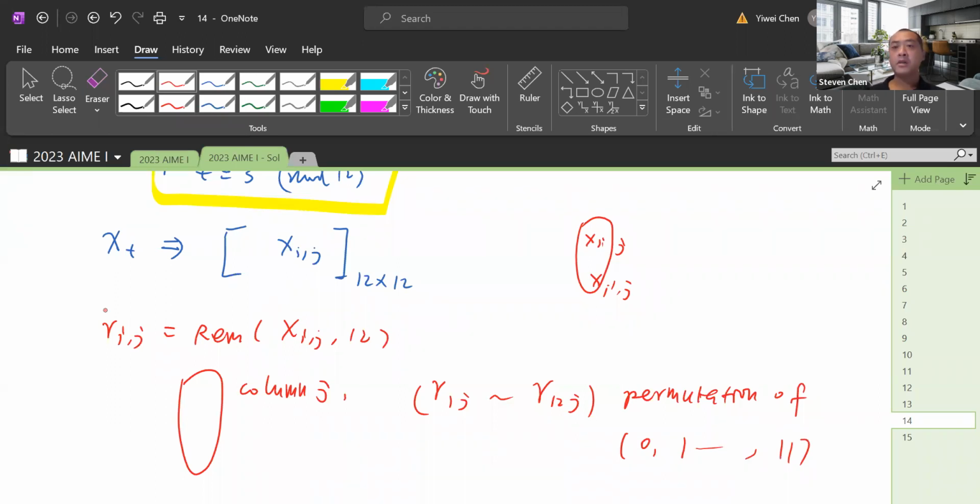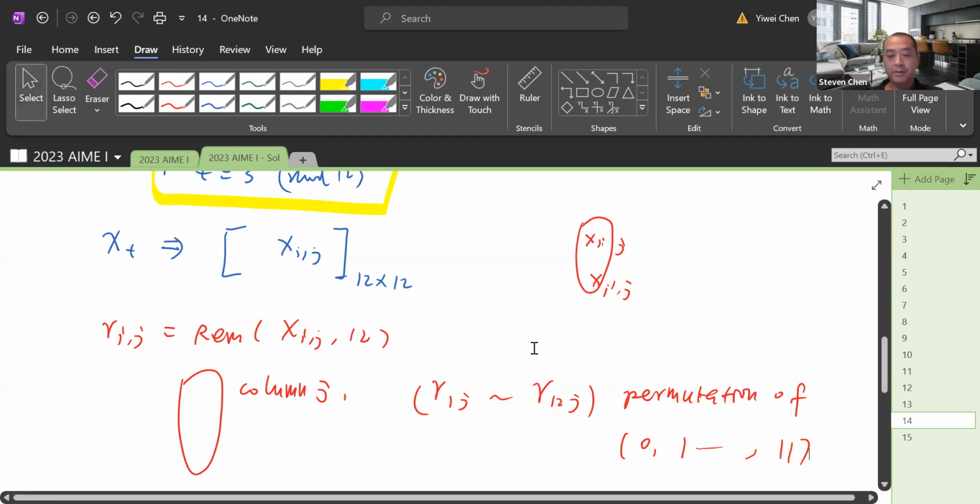So if this permutation property holds for every column in the matrix, then for such a construction of the sequence of movements, we are guaranteed that for 144 total movements, we will not have two movements that lead to the same position. This is automatically guaranteed by such a permutation condition.